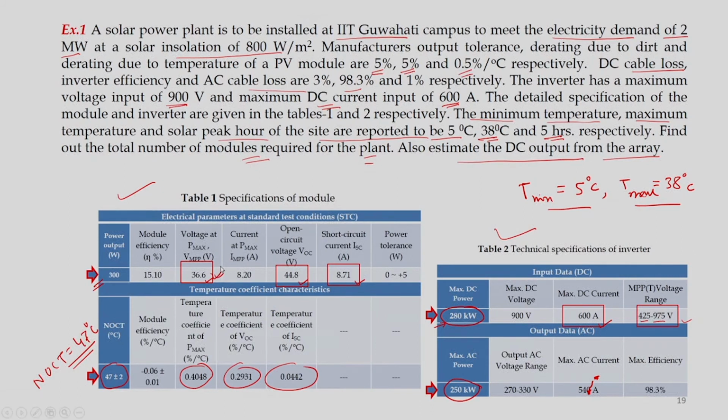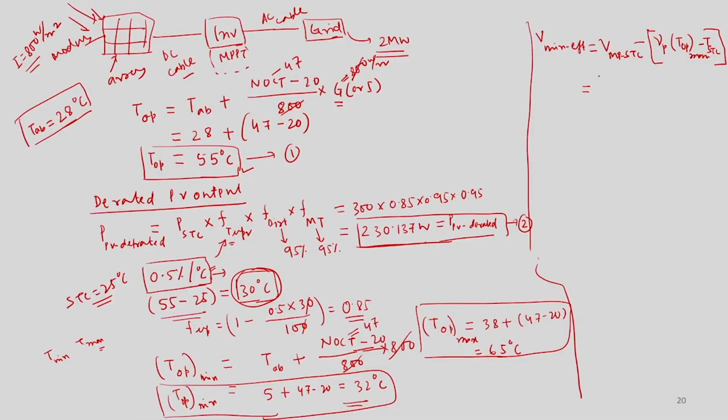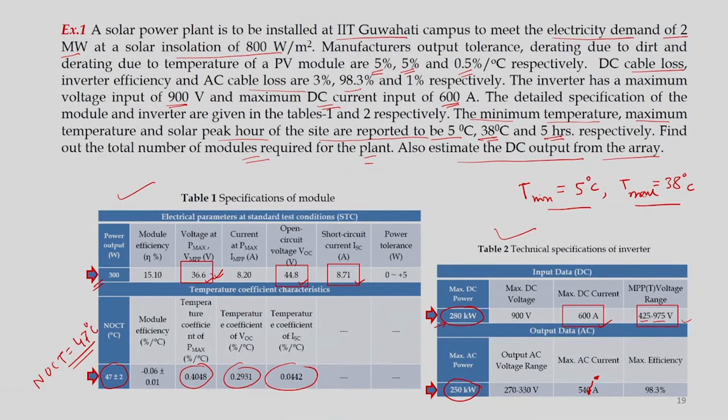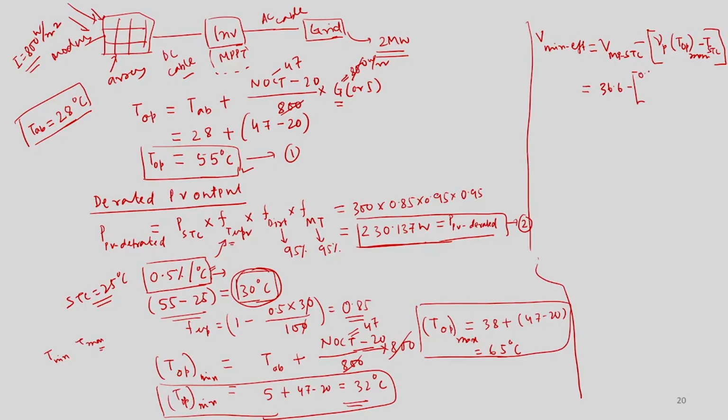So 36.6 minus gamma P, which is 0.4048 divided by 100, multiplied by T operating maximum, which is 65, minus T STC, which is always 25.